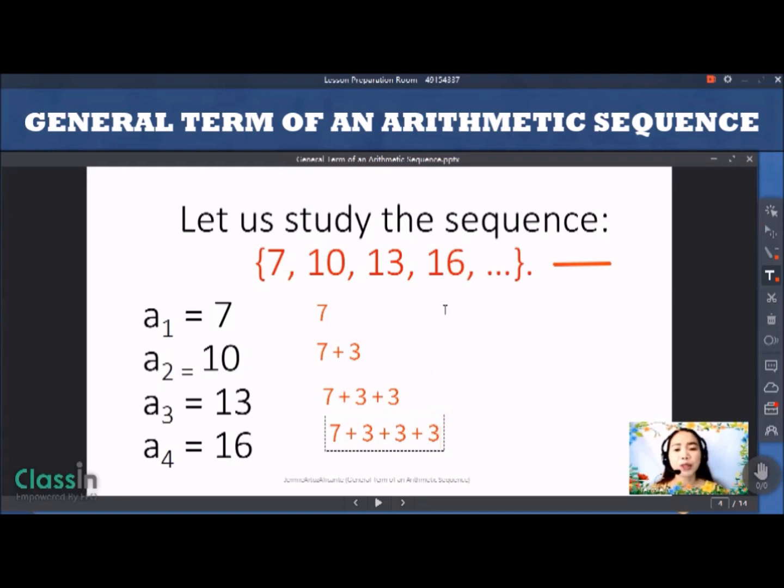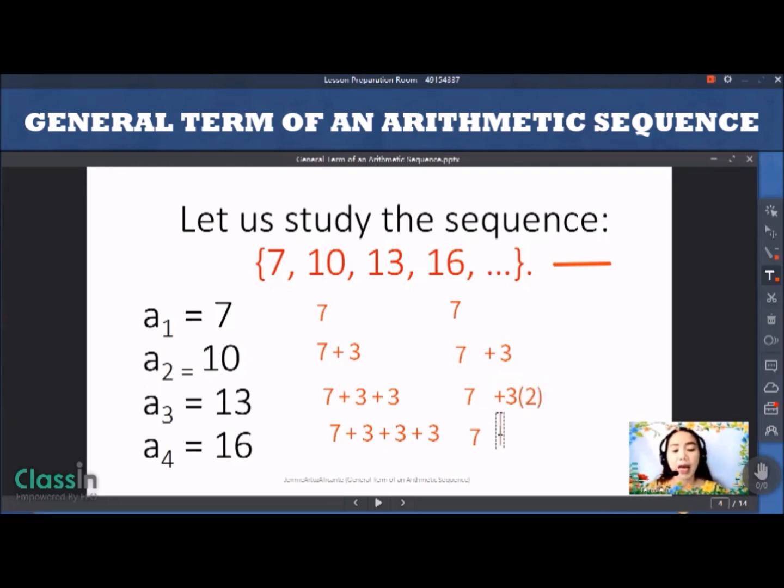Now, if you have observed, all of them have 7s, right? And then, we added 3's to them. Like for example here, we added 3. The same goes here. We also added 3. But this time, we have 2 3's. So 3 times 2 because we have 2 3's.